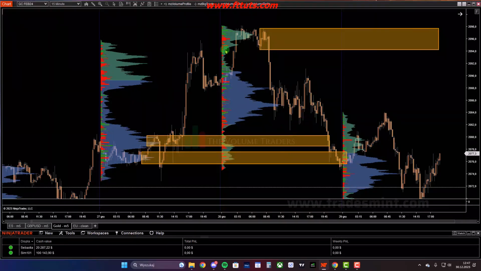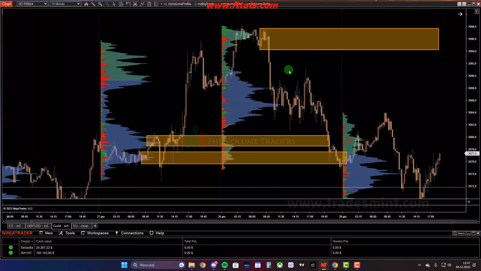But I love to use the volume profile because it confirms that it was really not just a move, for example at the end of the session, like a range, but really high volume appeared. A lot of orders got filled here. There was a fight between buyers and sellers, as we can also see in the delta. So for me, an important zone to wait for in the future.